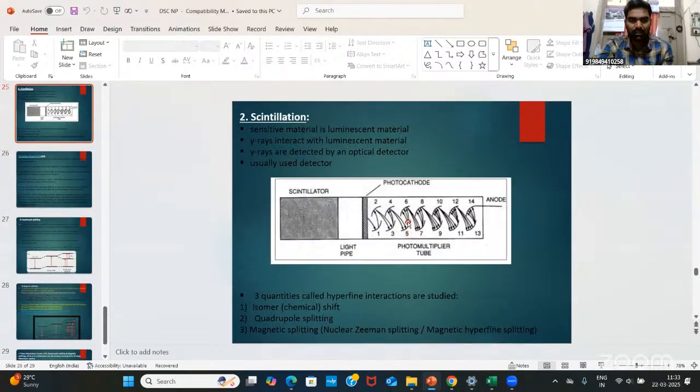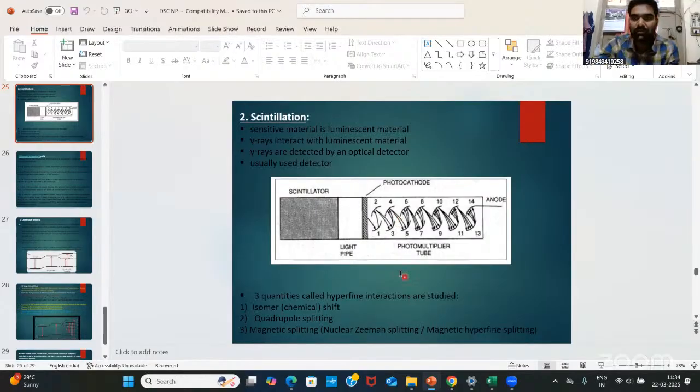What we have discussed is the Mössbauer effect.